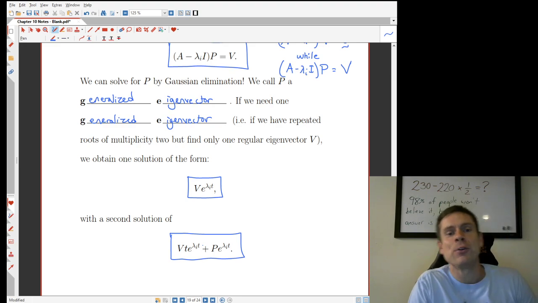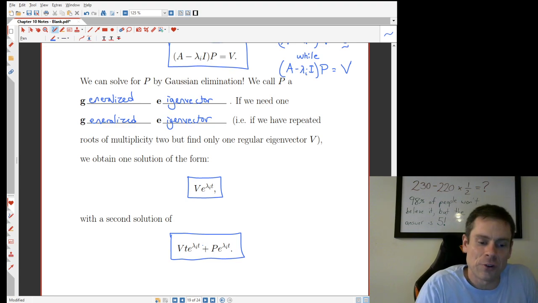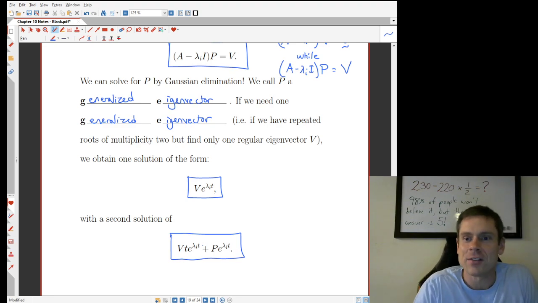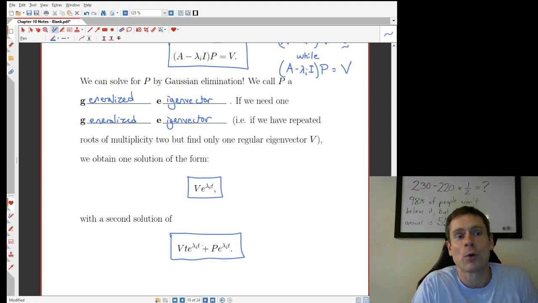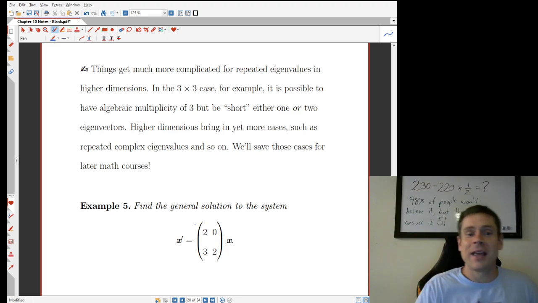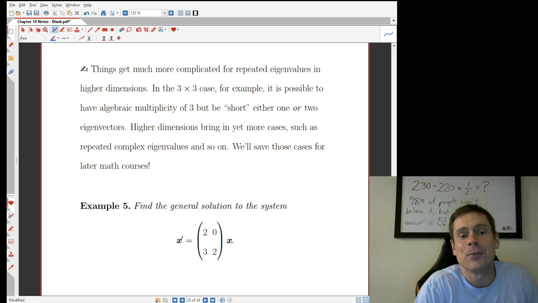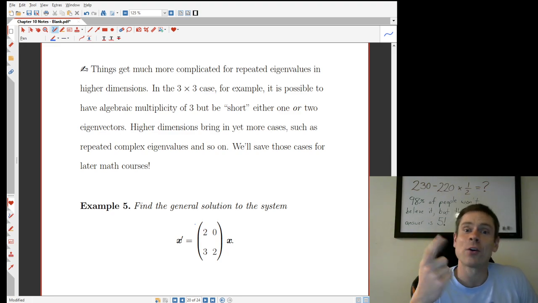I kind of brought you through to see what the different objects at least would look like, given that this is the form of the solution. But there's a lot more, as I said, to the story in the background, and there are more details to come next semester. Things do get more complicated if you get repeated eigenvalues in higher dimensions. So you could be short either 1 or 2 eigenvectors in a 3x3 case.